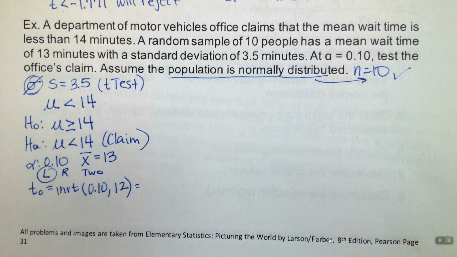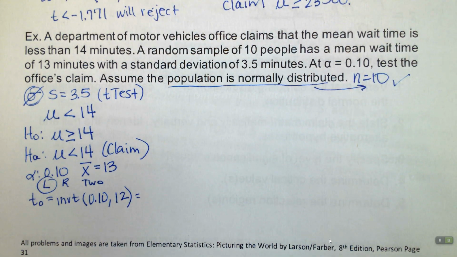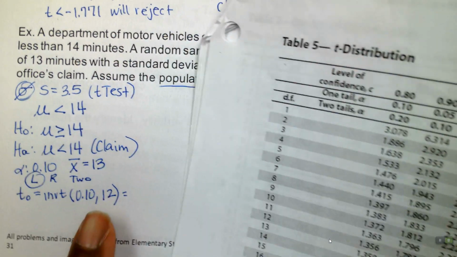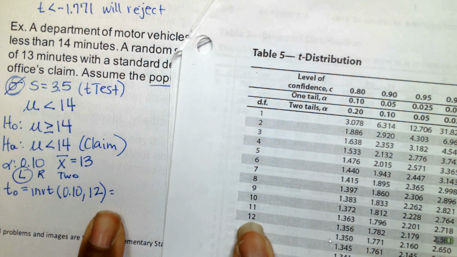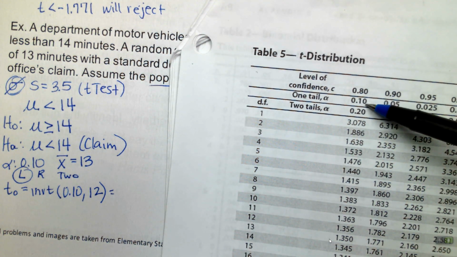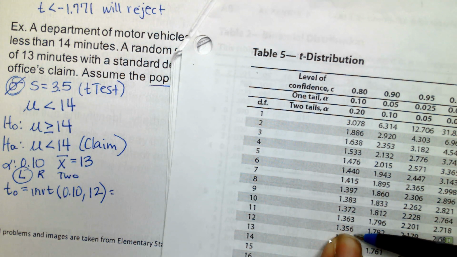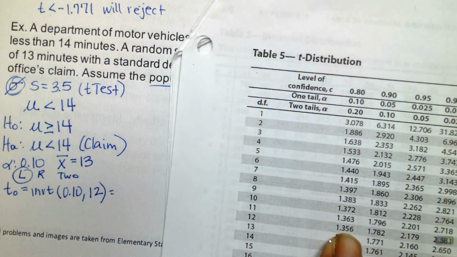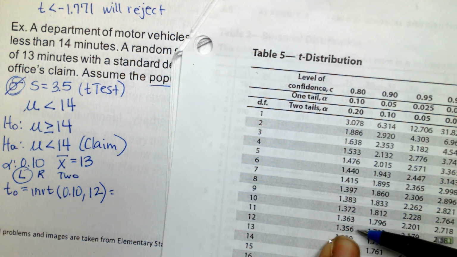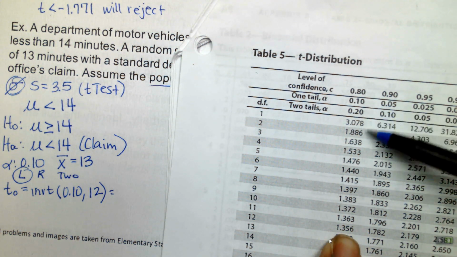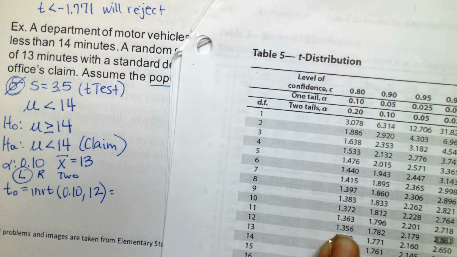And of course, I'm going to use my formula sheet to find my T naught. So 12, one tail, 1.356.